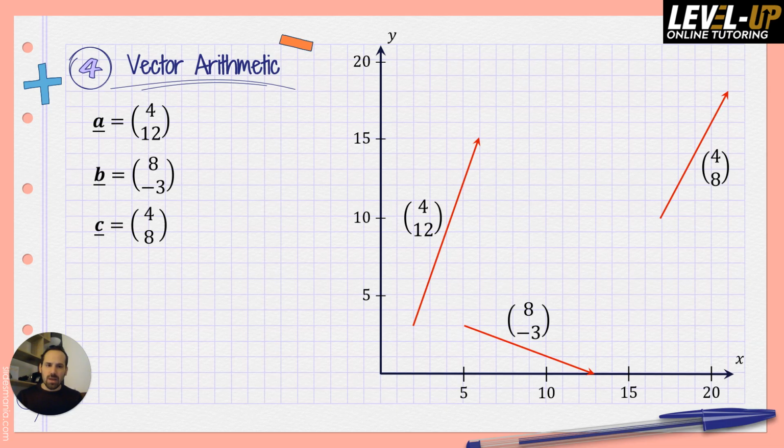A vector is a fundamentally different thing. When we've been dealing with algebra and equations before, you might have x, which is just some unknown number. But here, this is not a number at all. This is a vector, which is a different thing. It's like a list of numbers, a column of numbers where each one represents a different direction.